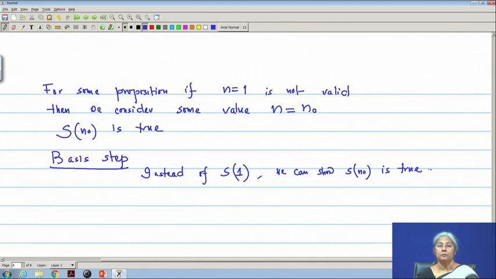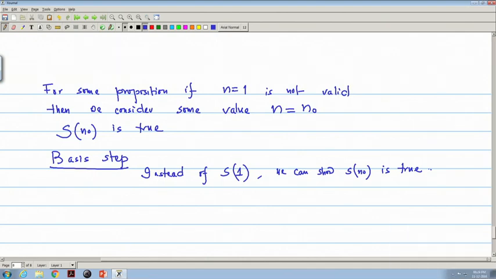Okay. So, this is how the principle of mathematical induction is used to prove formulas or to verify equalities, inequalities and other proof techniques.